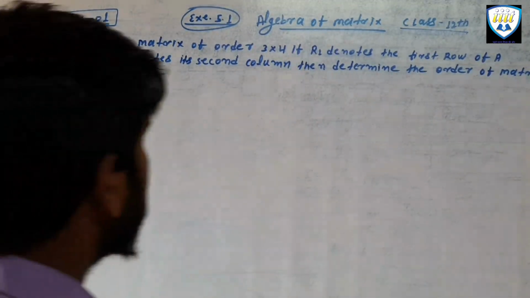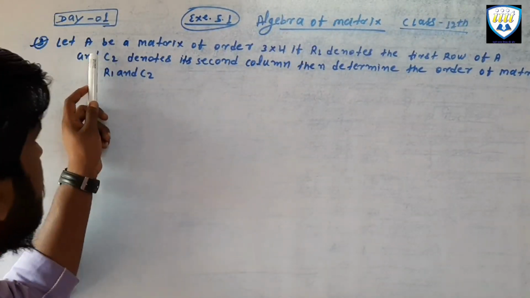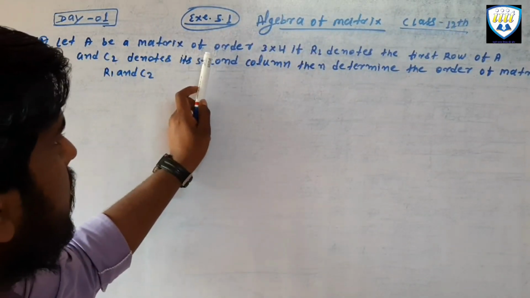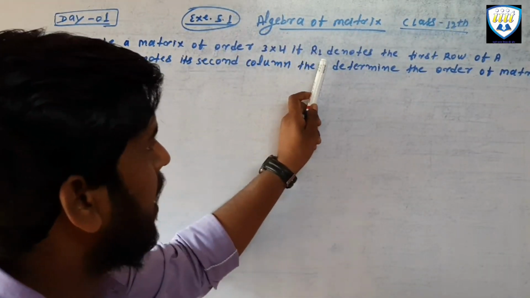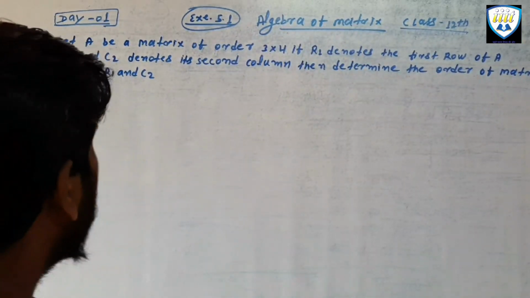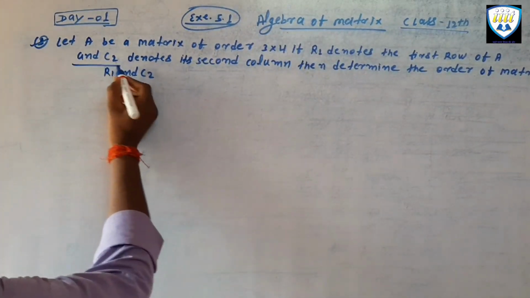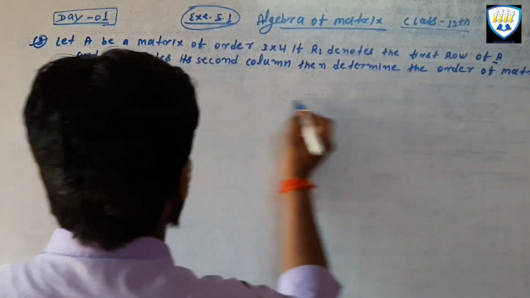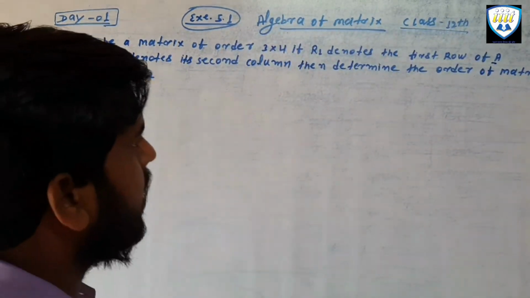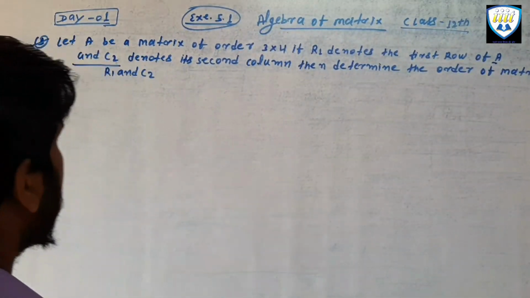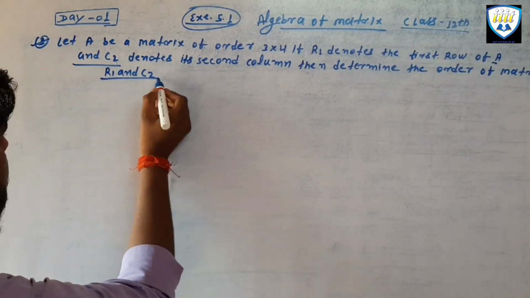Question number 3. Let A be a matrix of order 3 into 4. If R1 denotes the first row of A and C2 denotes its second column, then determine the order of R1 and C2.